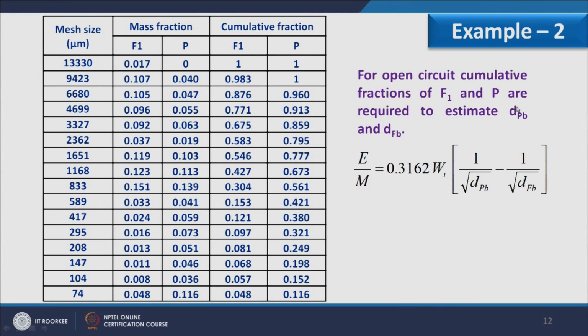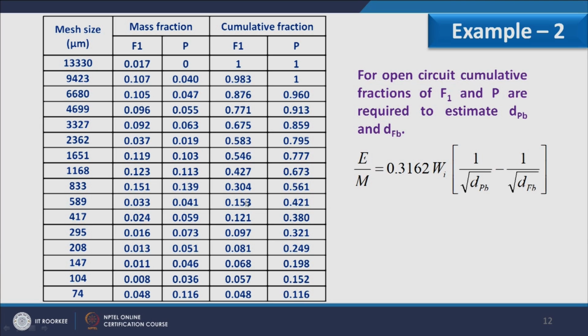So, if I consider the open cycle, there F1 and P are required to estimate dPb and dFb. So, what we have done over here is the cumulative fraction of F1 as well as P. This is the individual fraction, and here I have the cumulative fraction, and you understand that if we do the cumulative from the bottom, we have to represent the screen or mesh corresponding to negative signs.